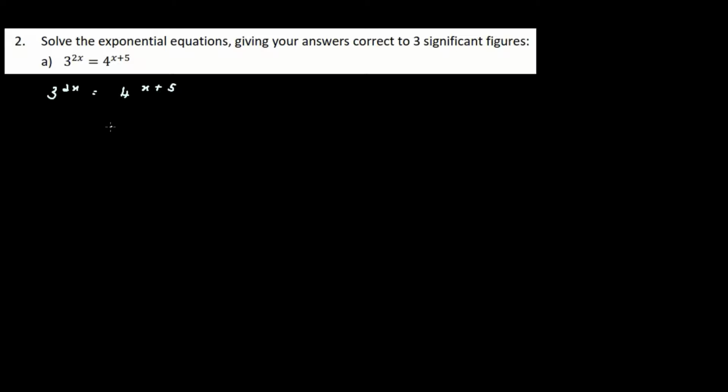And normally the log that we are going to take is log 10, because that's the log that we can solve with our calculator, and that's a special kind of log. So we put the log in front of both sides.